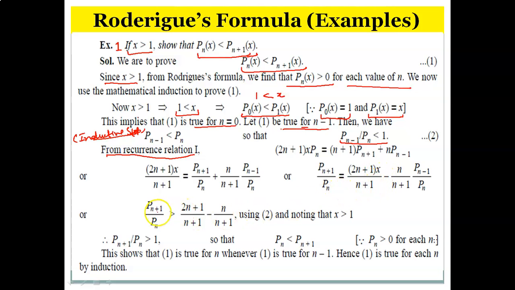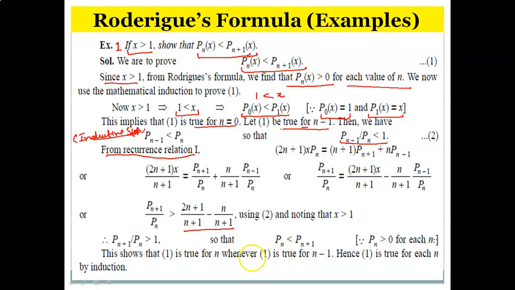That way the left hand side becomes greater. After simplifying, you get 1 on the right hand side. So I have P(n+1) divided by Pn greater than 1, and from this I can say Pn is less than P(n+1).